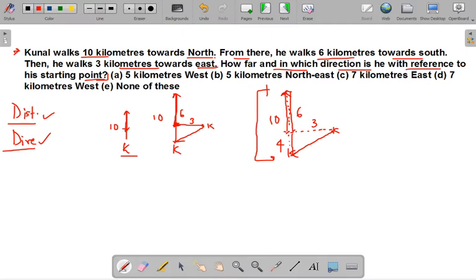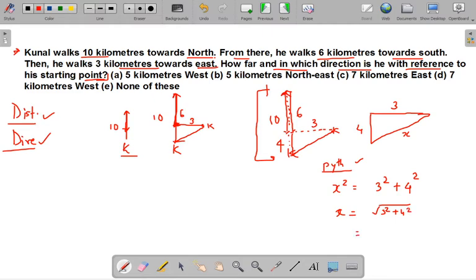So here we have a right angle triangle where this is 3, this is 4, and we have to find out this. We'll use the Pythagoras theorem, which is x square equals 3 square plus 4 square. This will be x equals square root of 3 square plus 4 square.